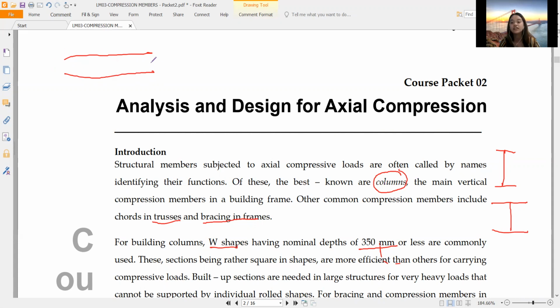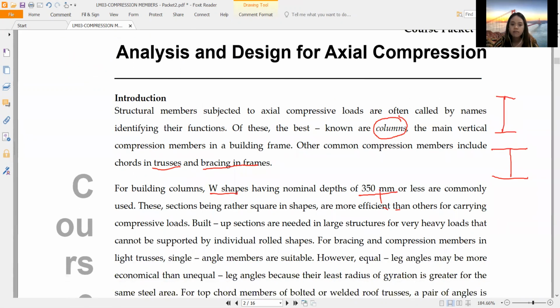So, malaking area that receives our force. Yun ang kailangan natin to resist flexural stress and also shear stress, kaya we need deeper beams. Unlike sa column, it tends to be compressed. So, we need wider areas or wider flange. Okay. It could also be a built-up section if needed for large or heavy structures.